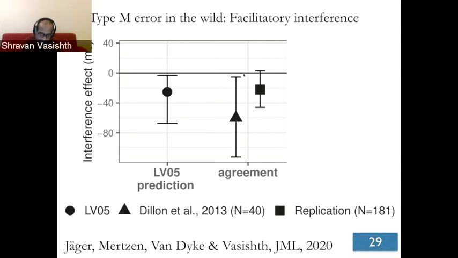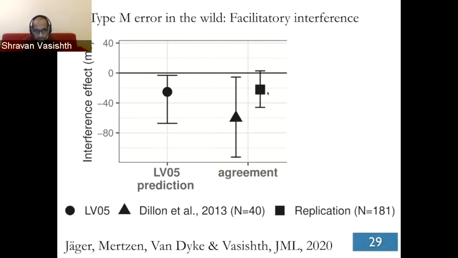And here is the replication attempt that we did with 181 subjects. What you can see is that the estimate is overestimated. When we increase the sample size, we get a much smaller estimate, right? And if you look at the theoretical predictions from the Lewis-Vasishth model, the default predictions from the model with no parametric variation, we are pretty much in the ballpark of the high-sample data set, right?